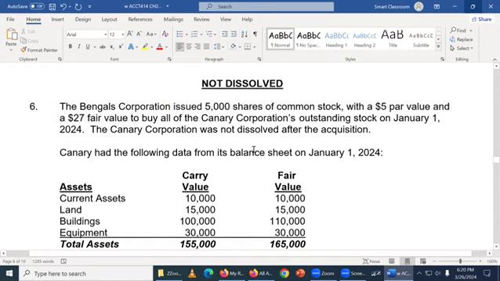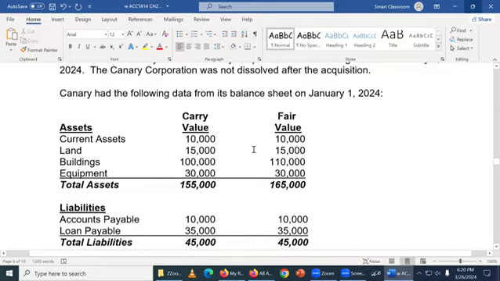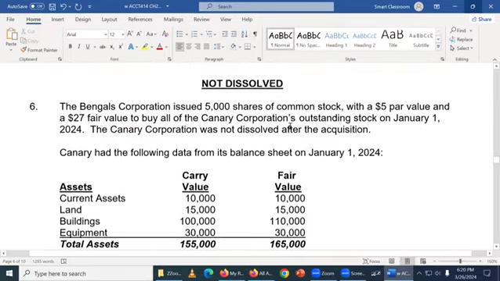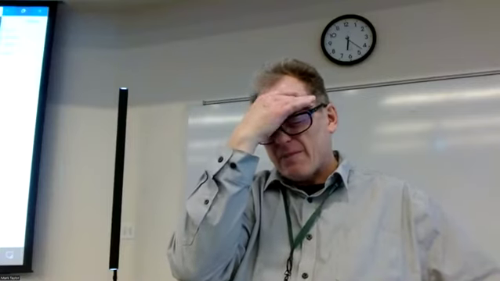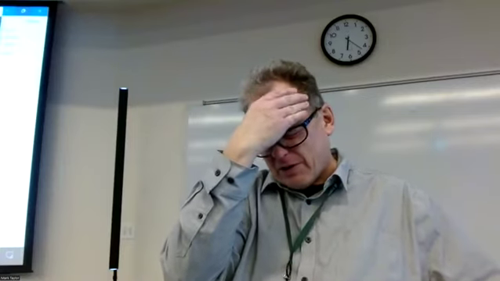Basically, what happens a lot of times in mergers is that having enough cash to buy out another competitor, especially if they're a very large competitor, is very difficult.